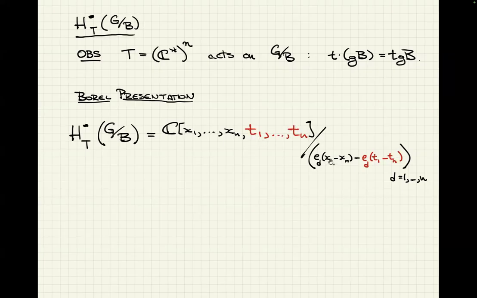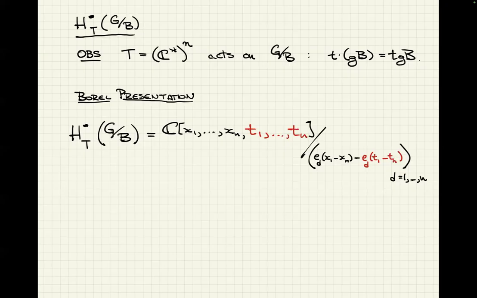So we have this polynomial ring, and now I'm modding out by the ideal generated by differences of an elementary symmetric polynomial in the x's minus the same elementary symmetric polynomial in the t's. This is the cohomology presentation in the equivariant setting. So this is a Borel presentation.